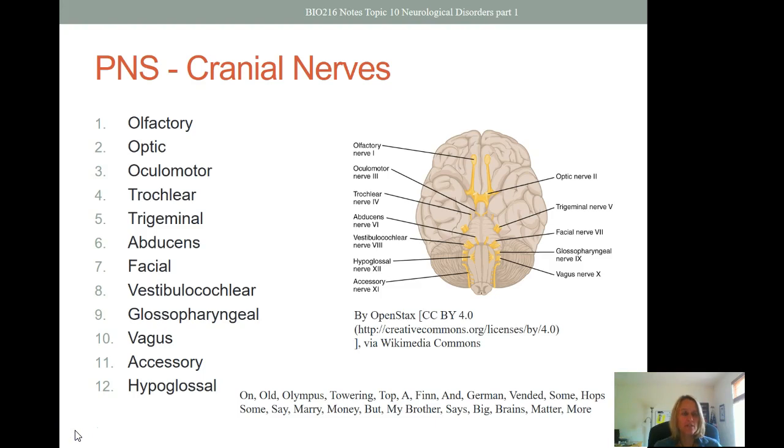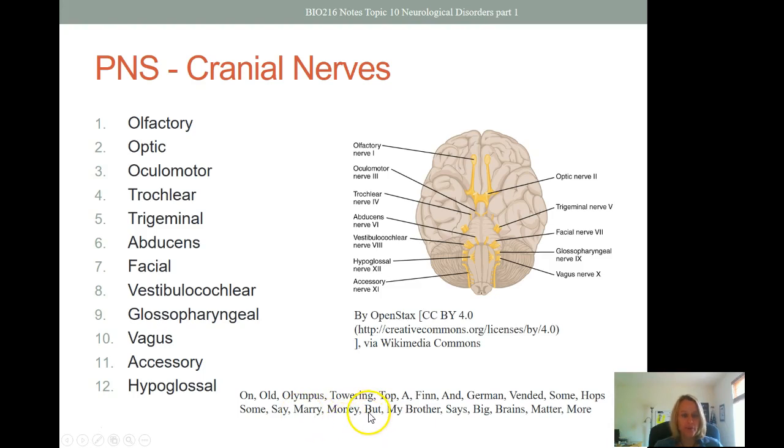In addition to the 31 spinal nerves, we also have 12 cranial nerves. Unlike the spinal nerves, which have both a motor and sensory component, some of the cranial nerves are sensory only, and I have a little mnemonic here, S, to signify that. For instance, olfactory is sensory only. Some are motor only. For instance, oculomotor is motor only.